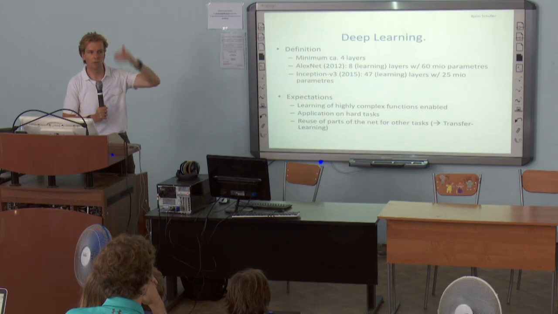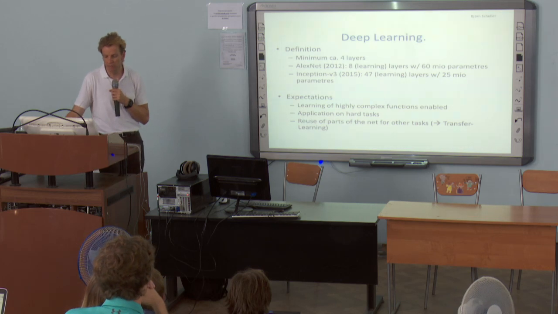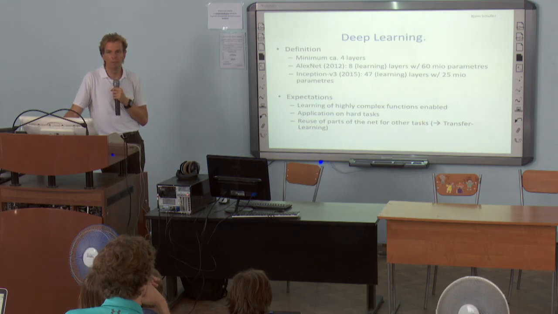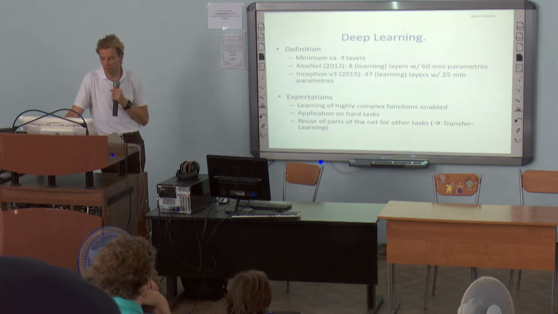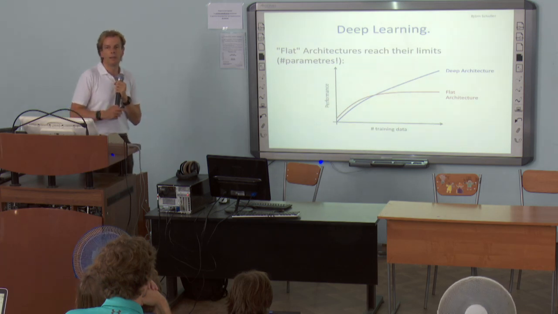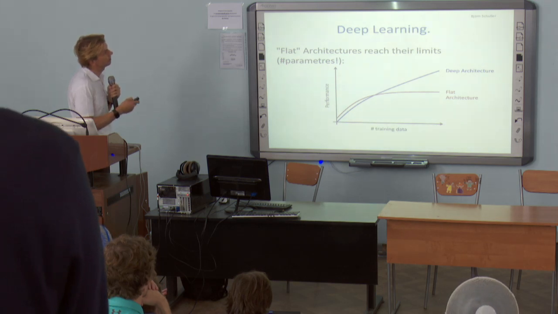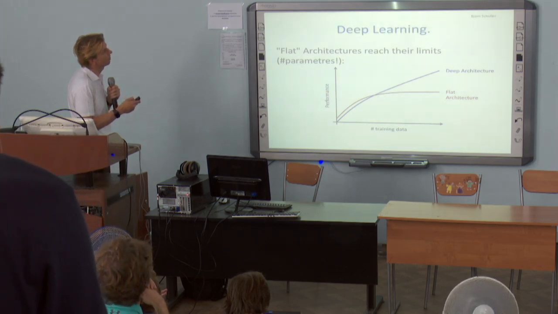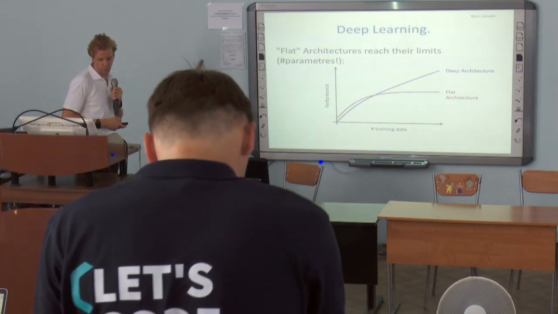So the idea is really about the arrangement of the neurons and rather have several layers deep than a broad arrangement. The expectation, of course, is to be able to learn highly complex, in the sense of highly nonlinear, separation functions to apply to our tasks, and to be able to reuse parts of the network for transfer learning. And the particular strength of the deep architectures is that you can use a big amount of training data very efficiently, so the performance for deep architectures would increase much better with big data than flat architectures when I want to exploit the big training data.